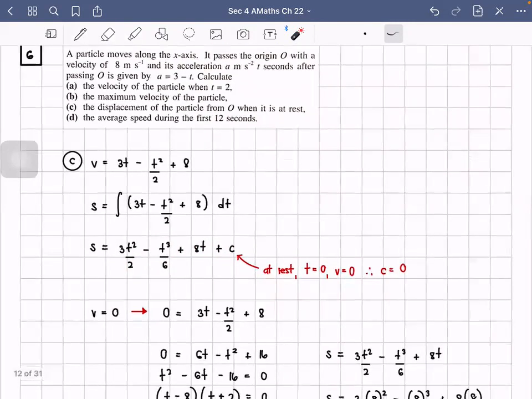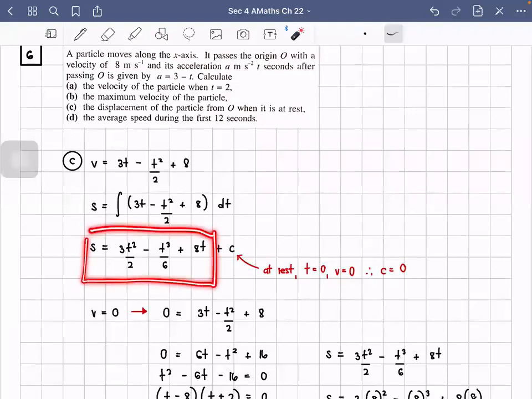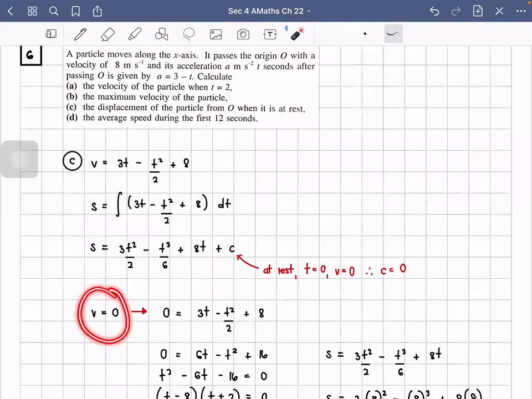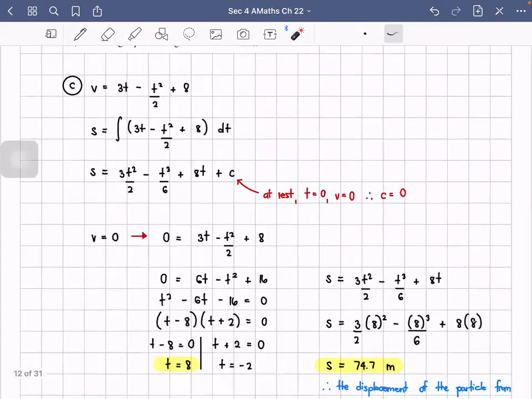So this is your displacement function. All right, so again, if the particle is at rest, that means its velocity is equal to 0, right? So using the velocity function, make it equal to 0. And then what do you do next? Obviously, you need to solve for t.